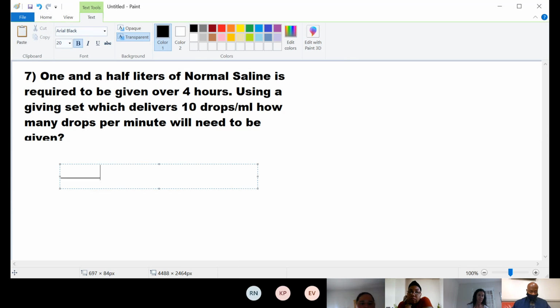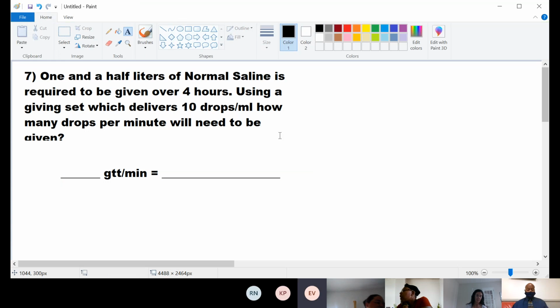And we're looking for GTT per minute. All right, this one may get a little bit longer. So let's make the little line there. Okay, so our order is for 1.5 liters.